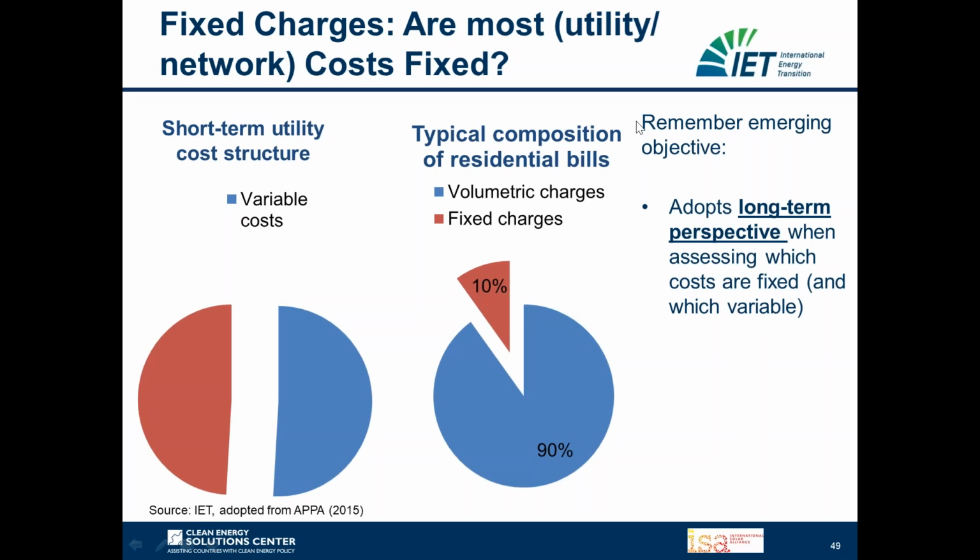But as we know from our in-depth discussion on the emerging objectives of rate design making, we have learned that a longer-term perspective should be applied when you come to the assessment of what is fixed cost and what is variable cost. So maybe the share that we're seeing here with 10% fixed and 90% volumetric is actually not such a bad idea.